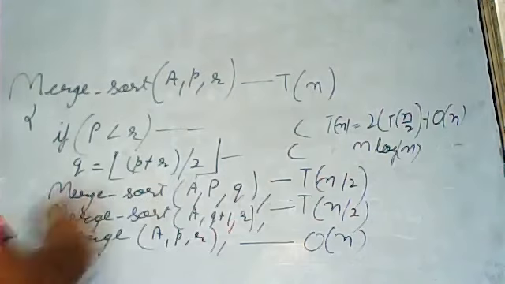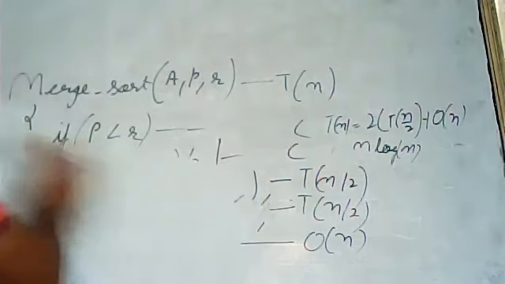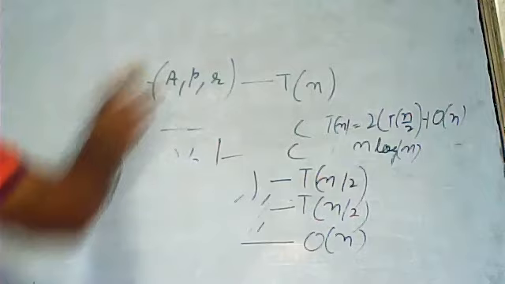Now we will see how it works by using an example. You must have noted down this algorithm, and based on it we will solve an example. We are applying it on an unsorted list. So what is the divide and conquer strategy?